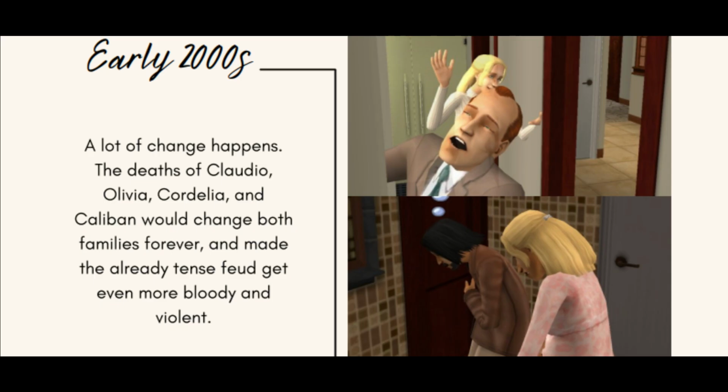So Tybalt, Juliette, Hermia, Romeo, and Mercutio are all orphaned and they all lost their parents young and tragically.